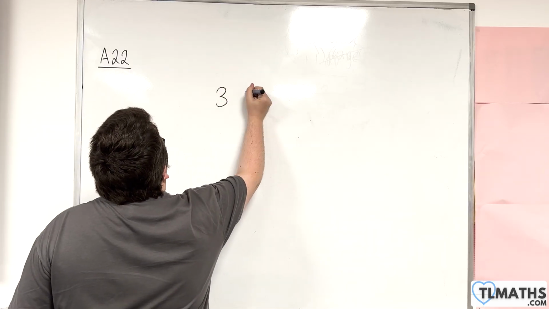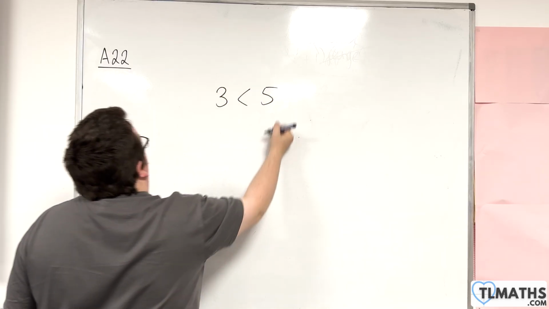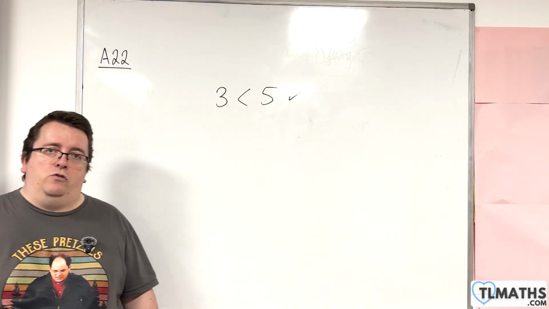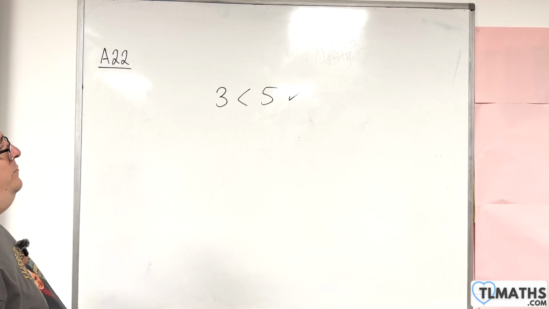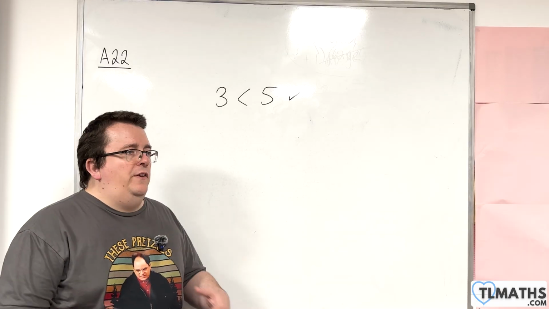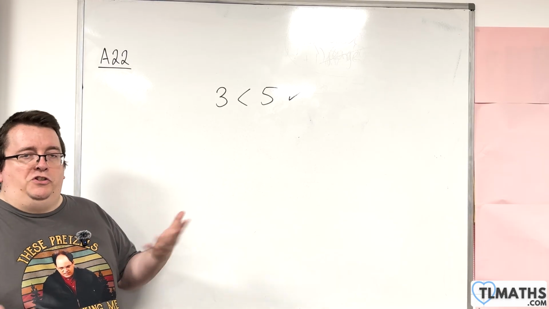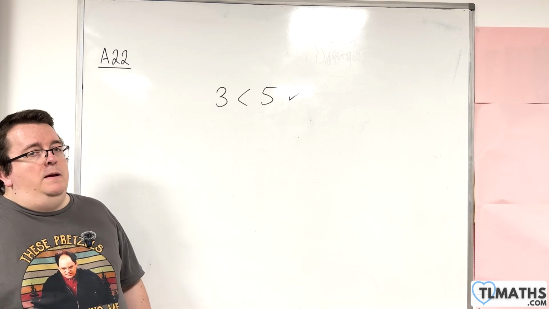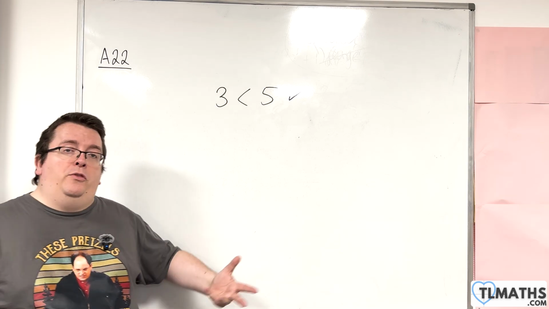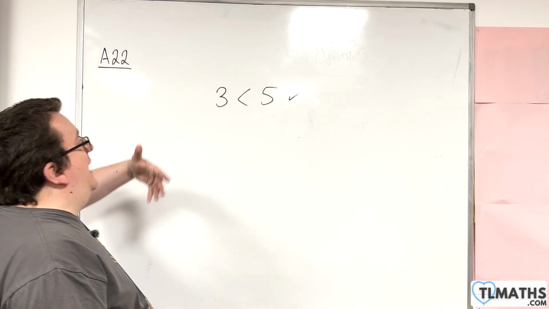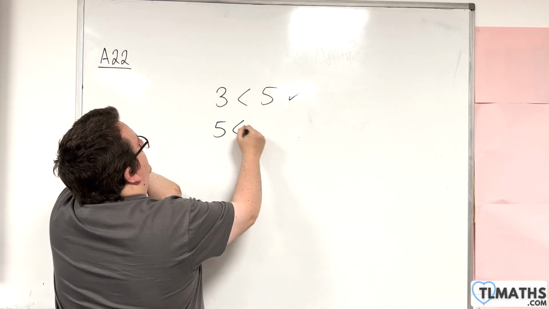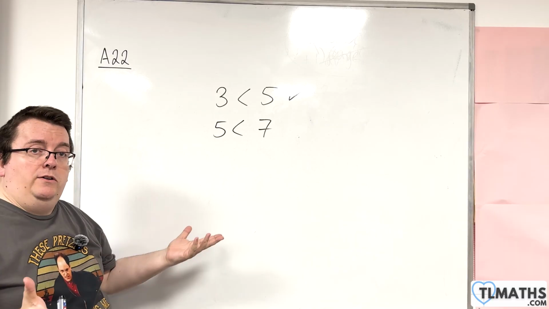Let's say I write down that 3 is less than 5. We should all be happy that that is true. Now, I know that this isn't an equation or an inequality to solve, but we can still multiply through by numbers. We could add 2 to both sides, couldn't we, and say that 5 is less than 7, and that still works.